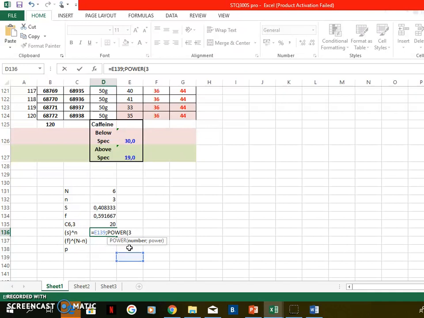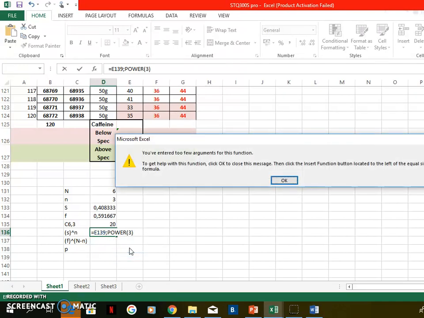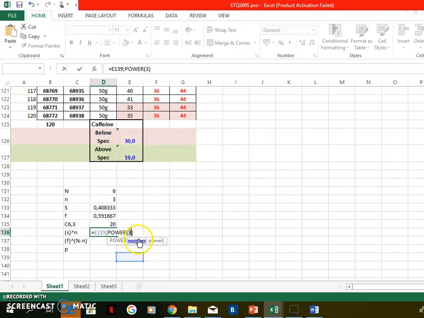Then we close the brackets and we enter. Okay, pardon me, we seem to have a small glitch here. Alright, let's continue with calculating our small letter s to the power n.